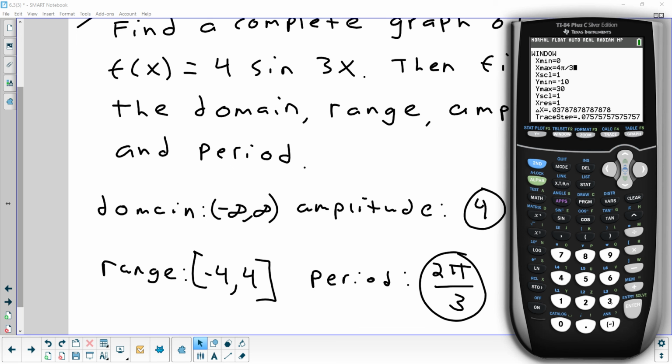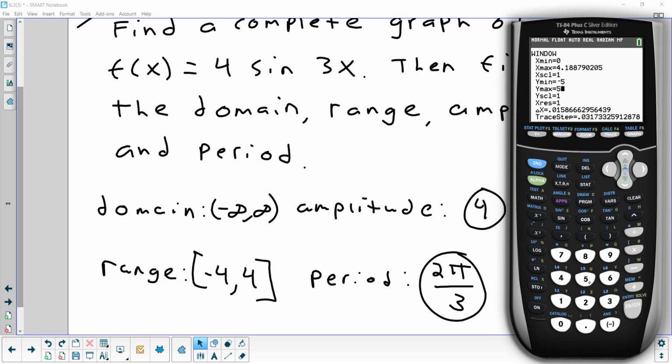So I just picked 2 cycles randomly. If you wanted to show 3 cycles, you could do 6 pi over 3. 4 cycles, 8 pi over 3. Just pick 2 cycles. Now, y min and max: I wouldn't do -4 to 4. I would do -5 to 5, so you have a little extra.